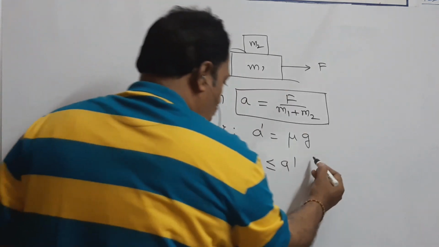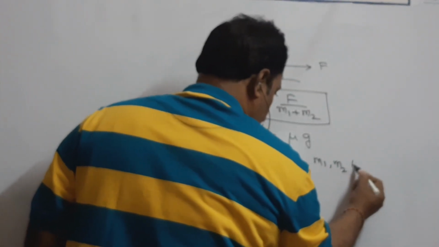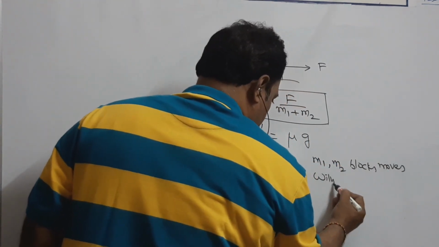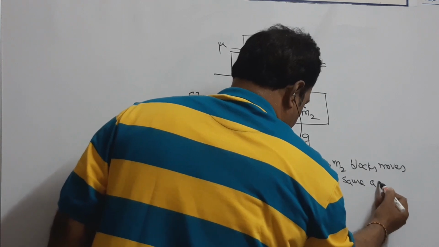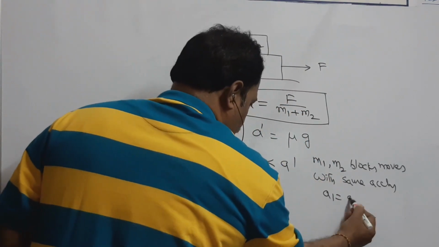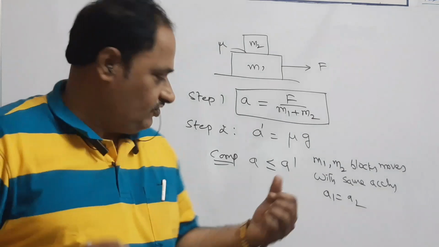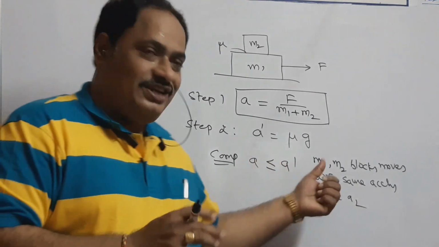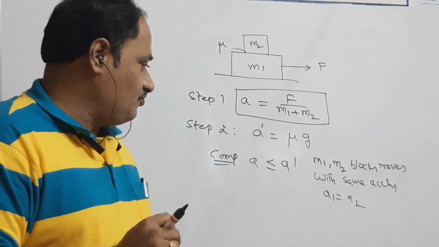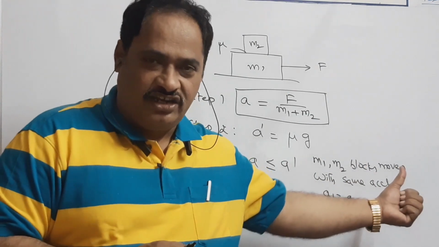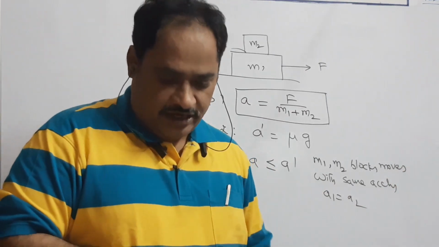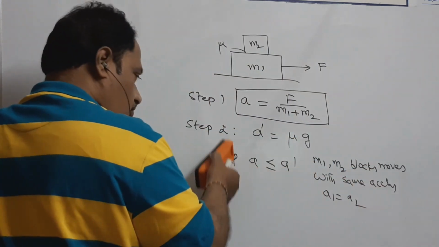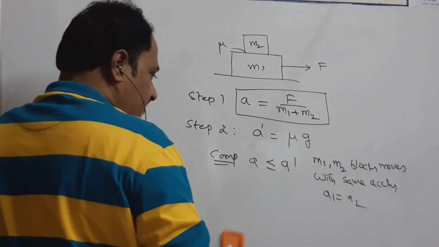Then both blocks M1 and M2 move with the same acceleration, therefore a1 equal to a2. I repeat, if A is less than or equal to A dash, then both blocks M1 and M2 move with the same acceleration, small a1 equal to small a2. In step number 2, the first comparison is completed.